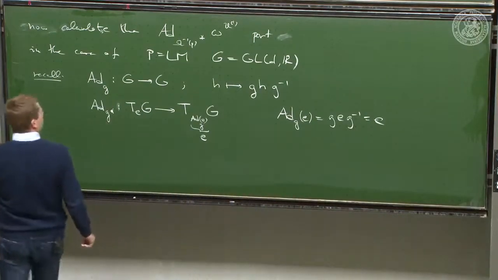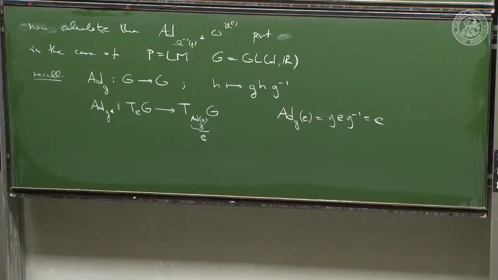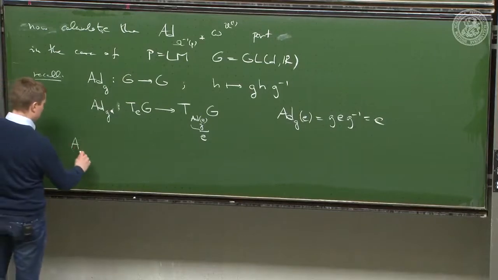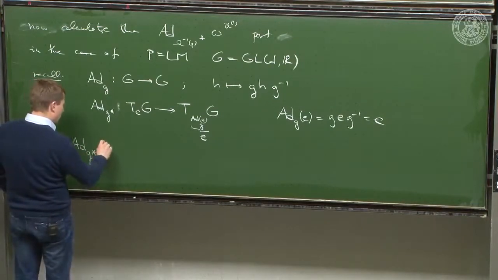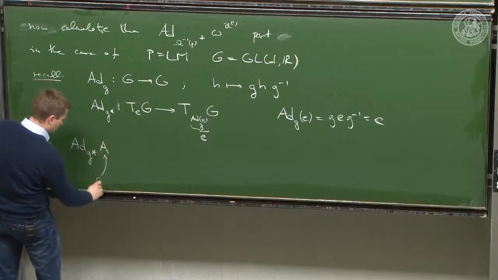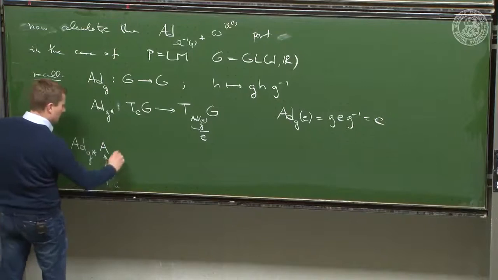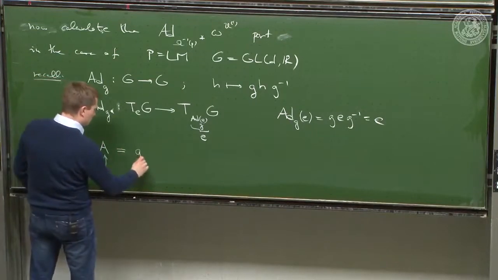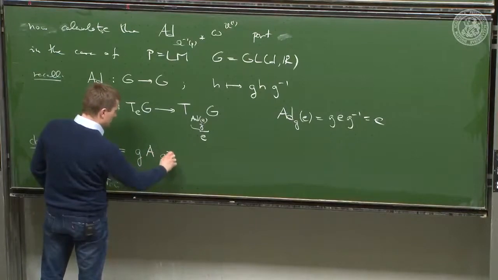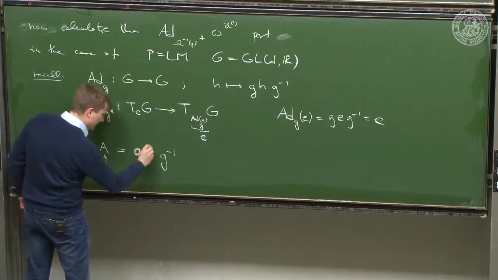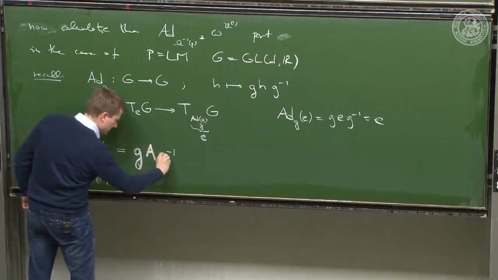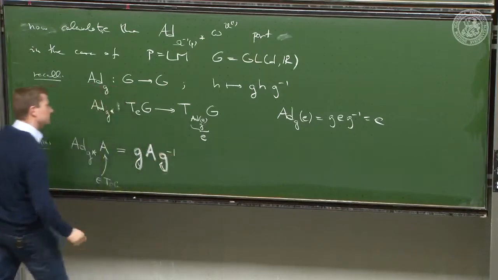And now the question is, how does it act in practice? And in practice, the remarkable thing is, claim, that Ad g star, the push forward, acting on a Lie algebra element A, so this is from T_e G, is actually given by g A g inverse, and again I make this fat because these are the matrices representing the respective elements.